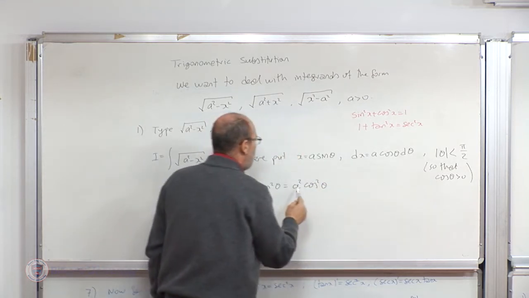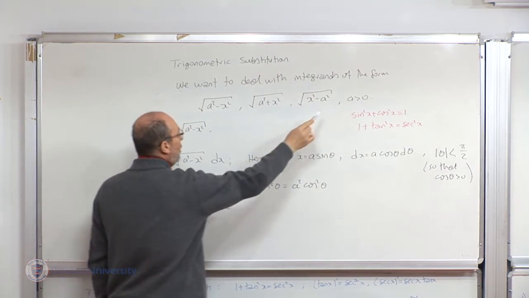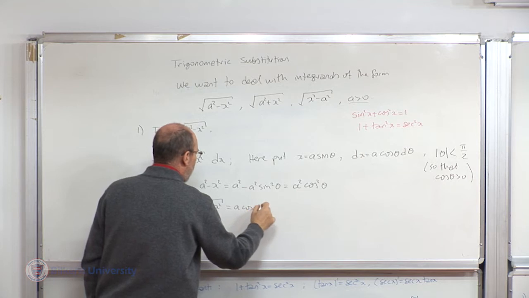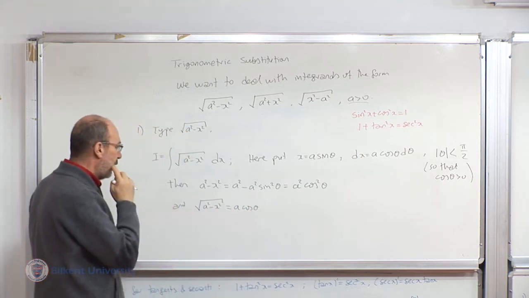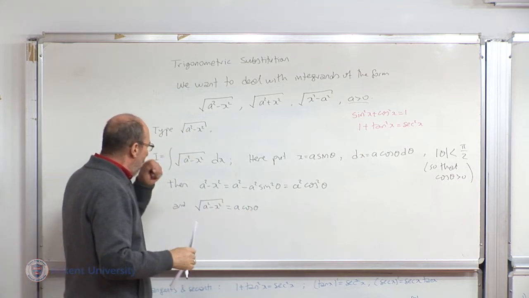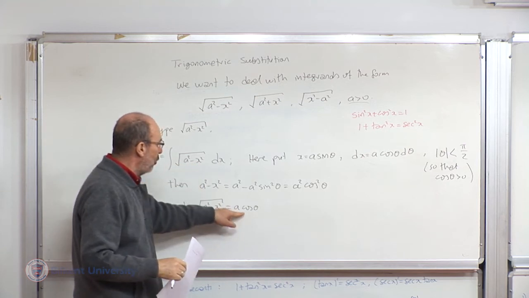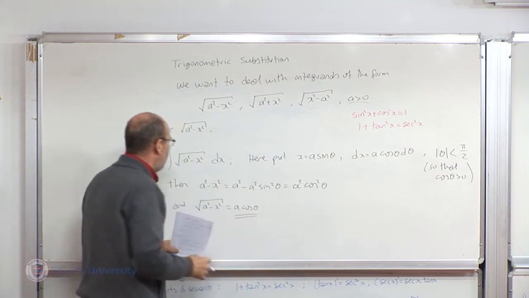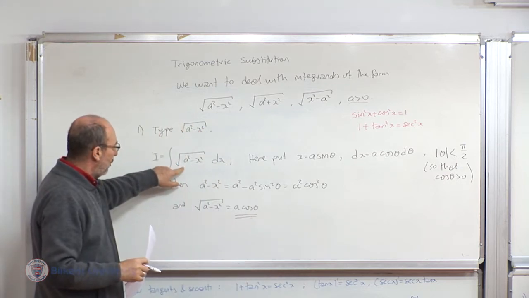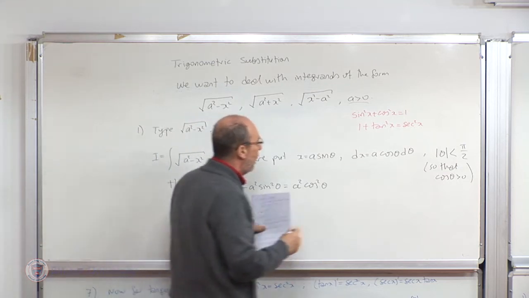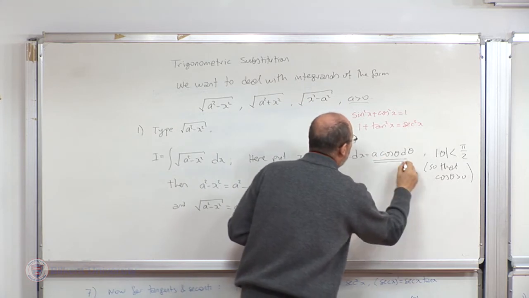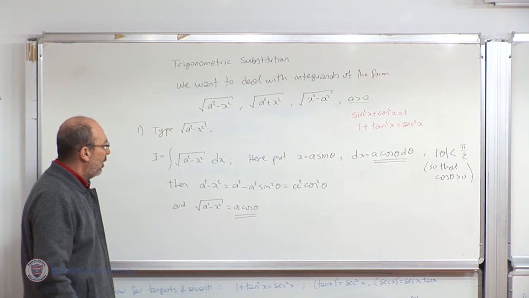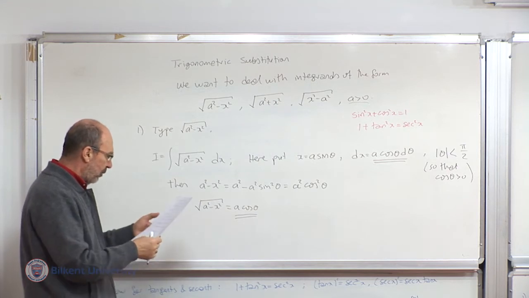Cosine theta is positive, a is positive. Okay, so we are assuming that. So this is a cosine theta, and that is what we have. Okay. So this thing will contribute a cosine theta. Okay, so I got rid of the square root here, and dx will give me another cosine theta. So I'll be integrating a square cosine square theta.